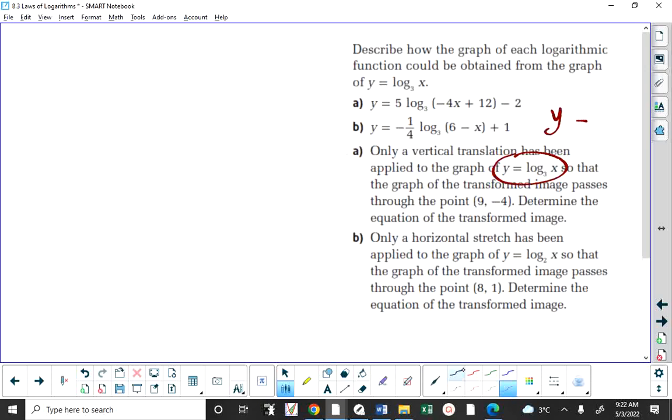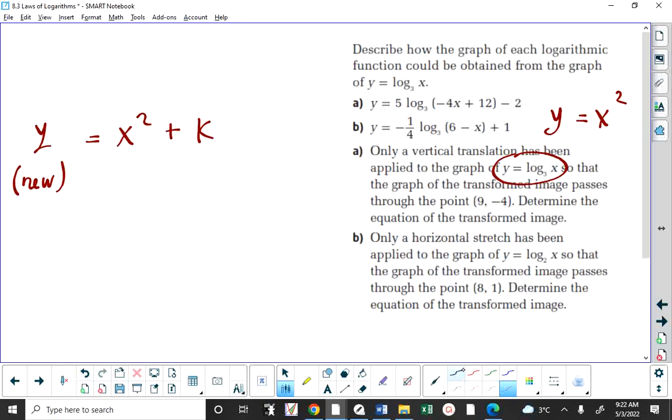It might have been, we're going to apply a vertical translation to that graph, and it's got to pass through this point. And how we did that, and I'll get back to the original question in a second, is we said that the new function must be the old function plus k, because we're told the old function undergoes a vertical translation. So I'm using the made-up function, not the one that's actually in the question.